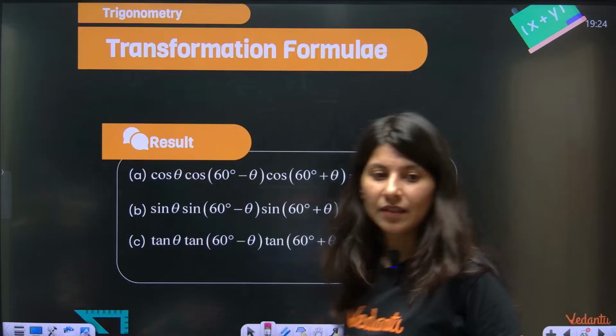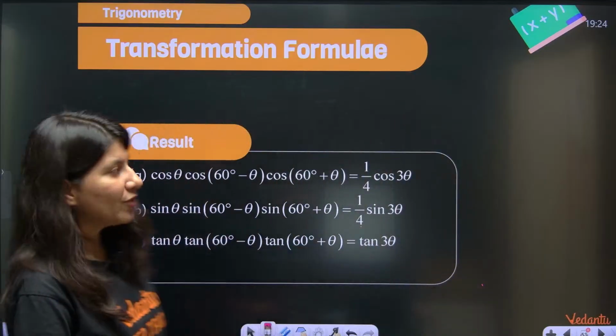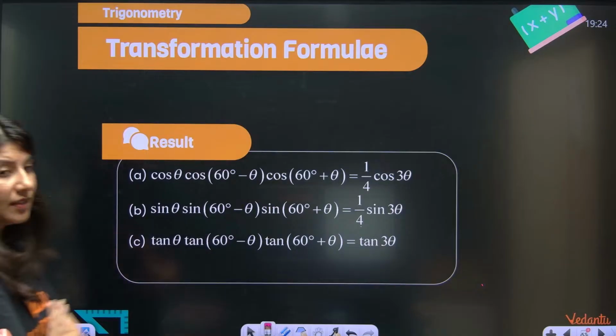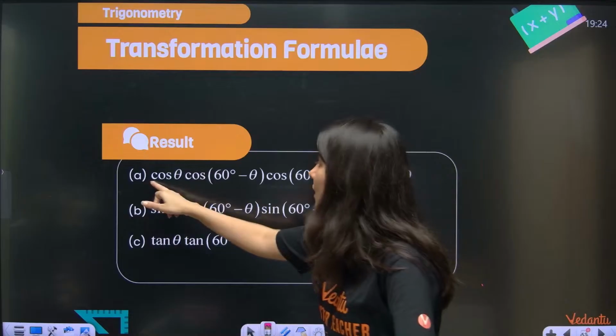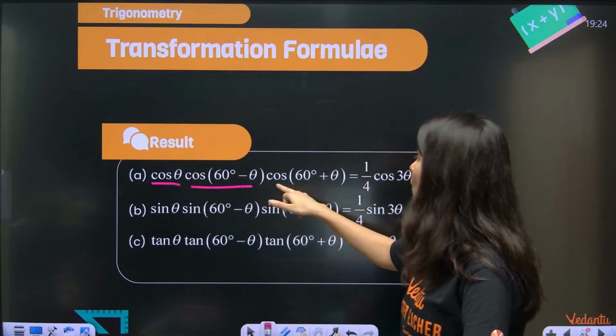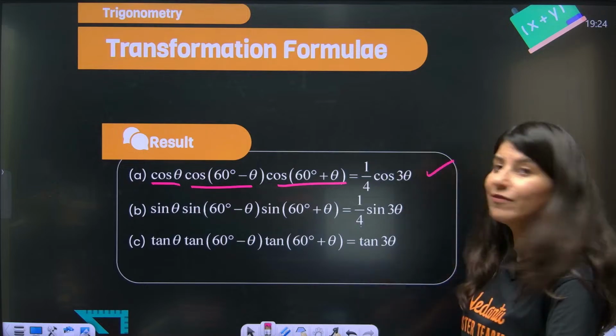See, now, a couple of more formulas we need to see. Cos theta, cos 60 minus theta, cos 60 plus theta is equal to 1 by 4 cos 3 theta.